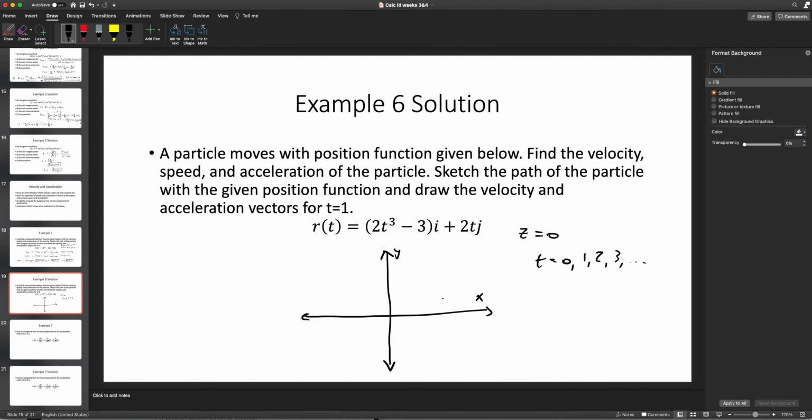So let's just sketch this a little bit. So we get negative 3i plus 0j over here, so it would be just negative 3 on the x component. When t is 1, you get negative 1, 2.